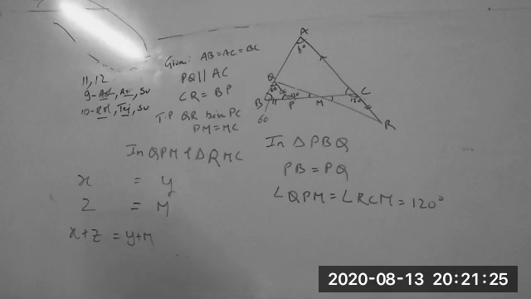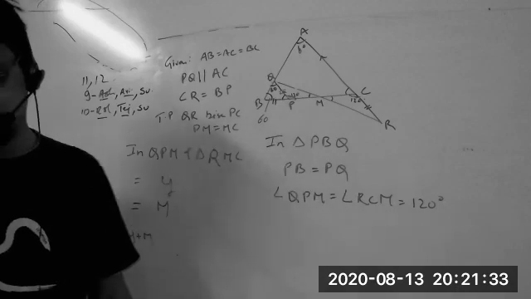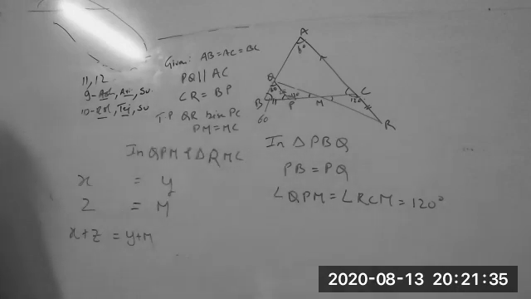So if you add those two, you get the same number. Yes, and this is known as? Sir, can you repeat? If x is equal to y and z is equal to m, x plus z is equal to y plus m. True or false? True. Why? What is this? We have studied.